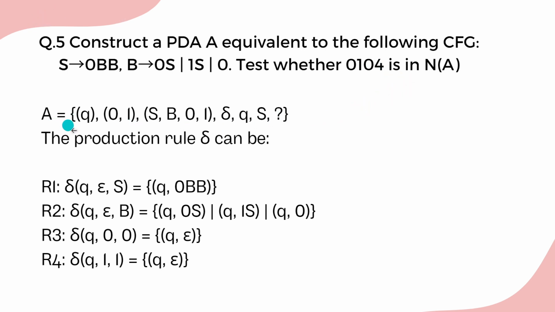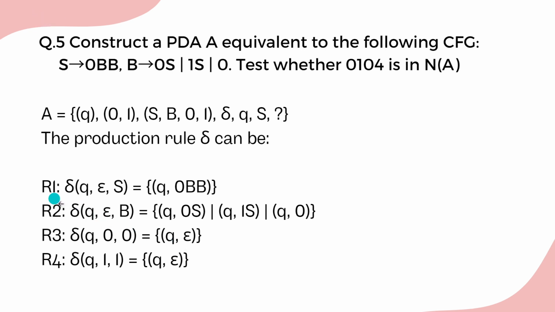So our A is equivalent to (Q, Q, 0, 1, S, B, 0, 1). It is taken from this, and we have delta(q, S). Then the production rules for delta can be given as these rules.